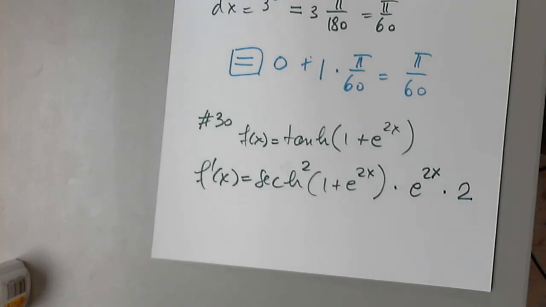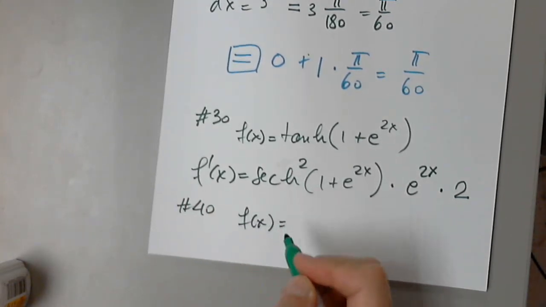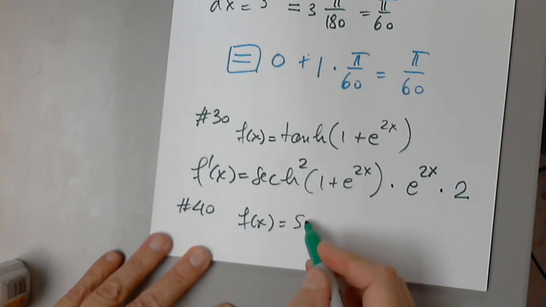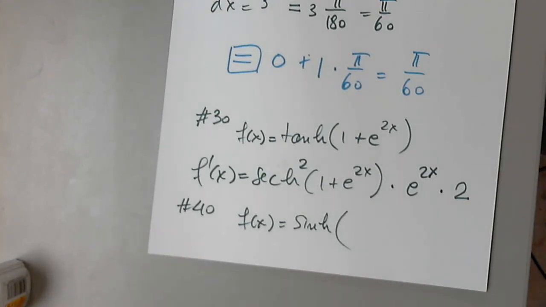Okay. Now what about 40? f of x equals hyperbolic sine of tangent x.